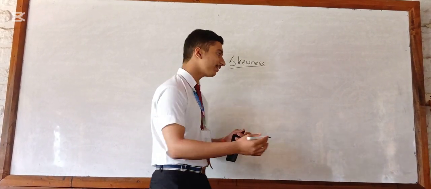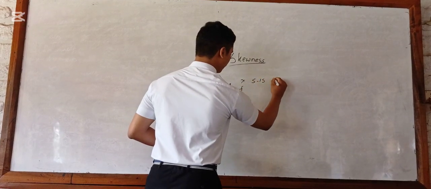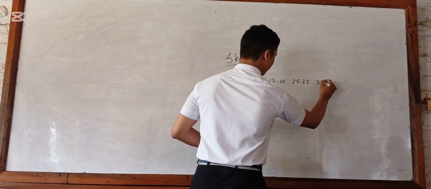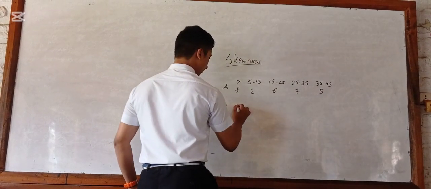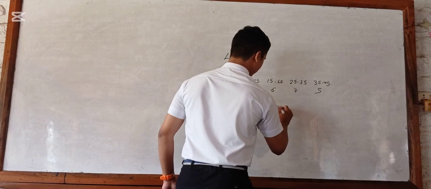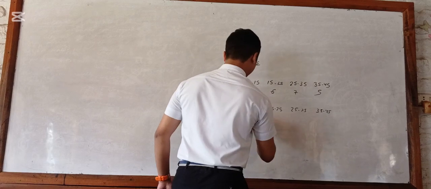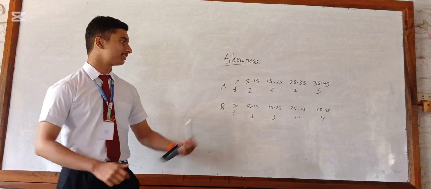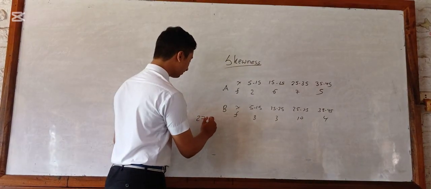So to give an example, I'll write any two distributions here. We can have a look at this distribution, and if we take the mean of these two, we will get the same mean, that is 27.5.